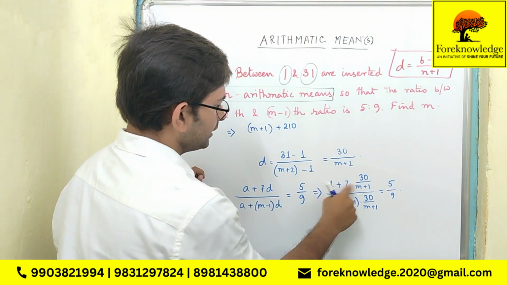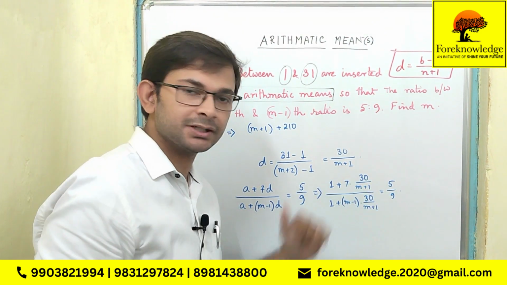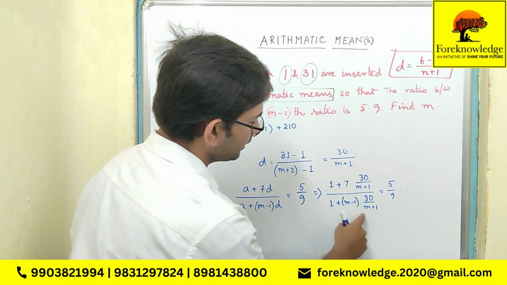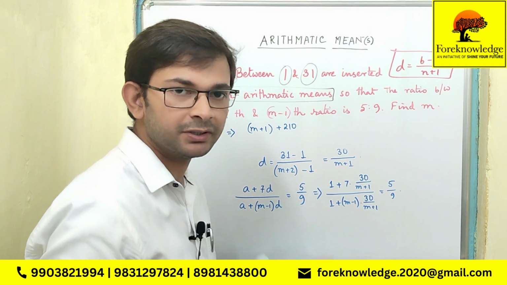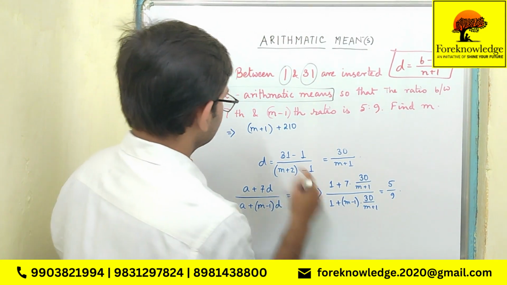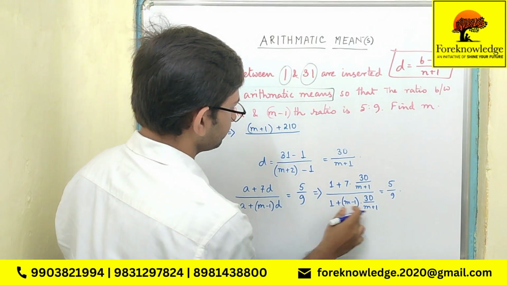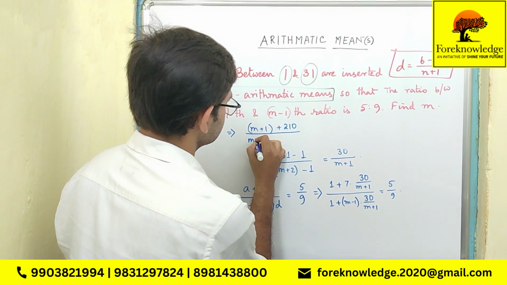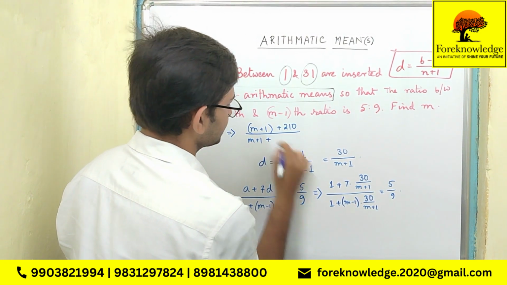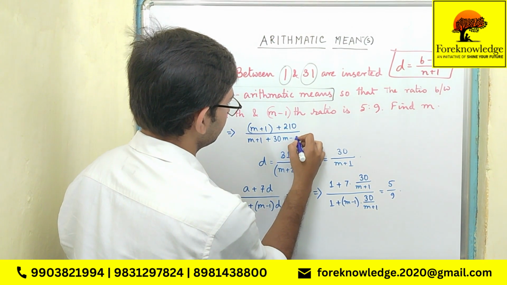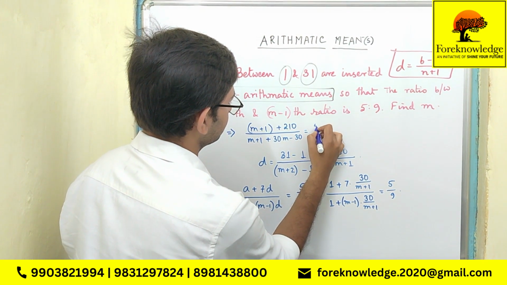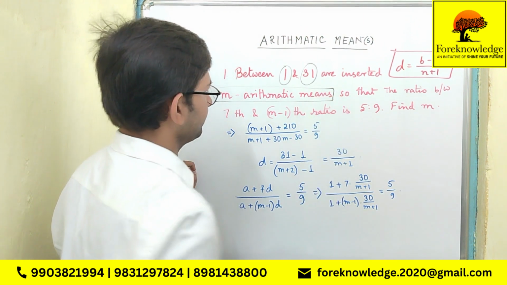In the numerator the LCM is m plus 1, and also in the denominator the LCM is m plus 1. So they will get cancelled. So in the denominator, there will be m plus 1 plus 30 into m minus 1. So that is nothing but 31m minus 29, equal to 5 by 9.